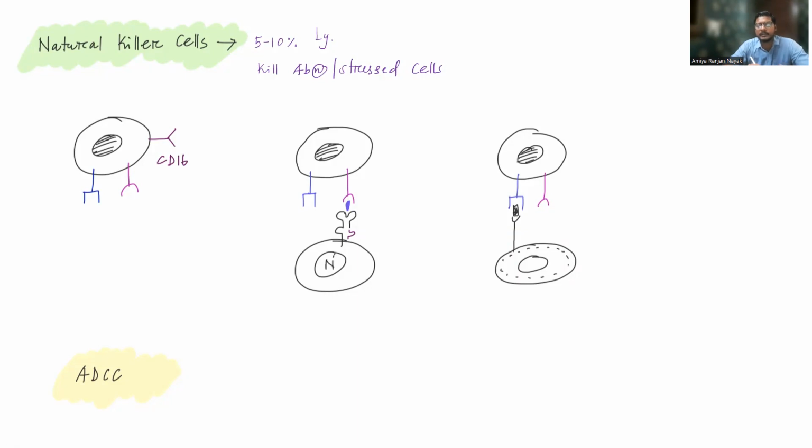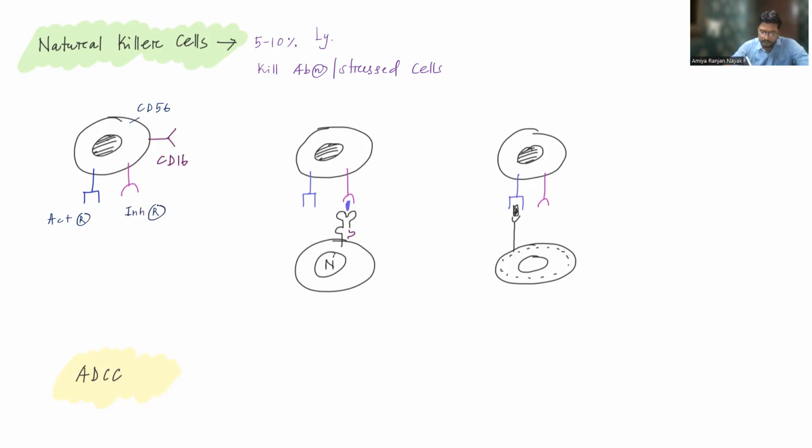So these natural killer cells are going to have various types of receptors on their cell surface. So what are the important receptors? The first one is CD16. They will also have CD56. Actually, CD16 and CD56 are markers of natural killer cells. Along with this, they are going to have activating receptors, and they will also have inhibitory receptors.